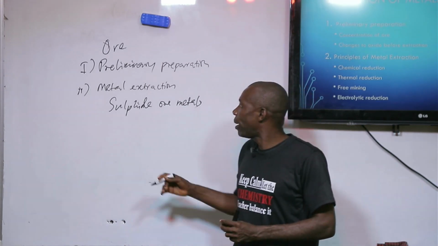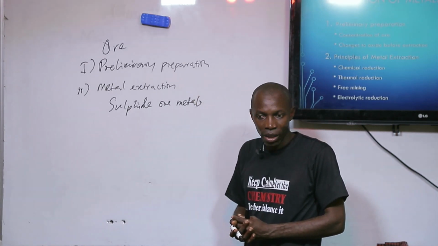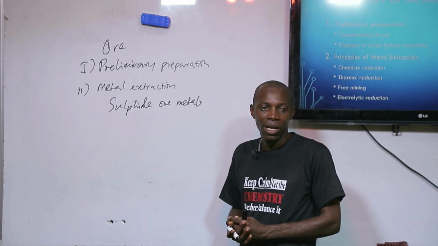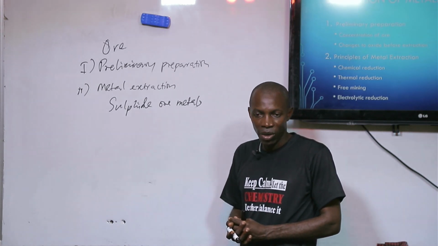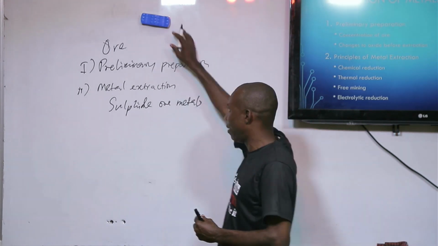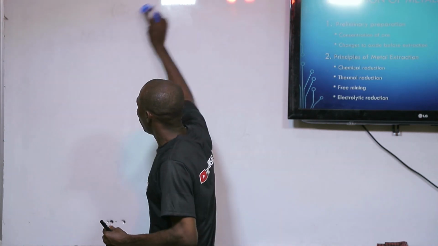And when you talk about the second one, which is the metallic what? Extraction, the extraction of metals depends on the position in what? Activity what? Series, which I have said before. In the extraction of metals, the very active metals are extracted by what? Electrolytic what? Reduction.